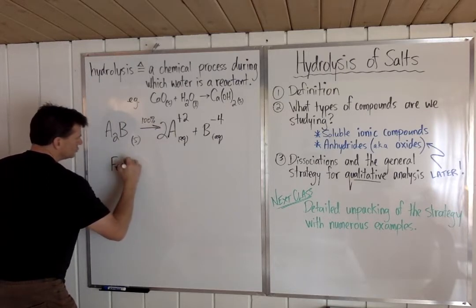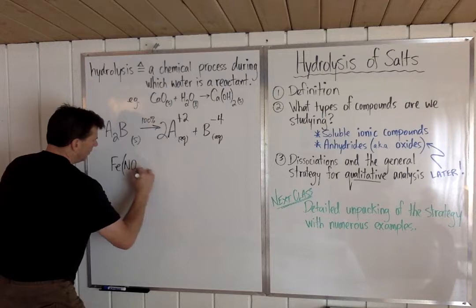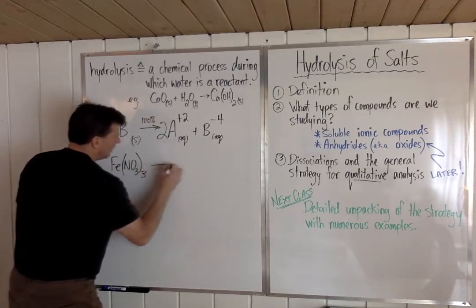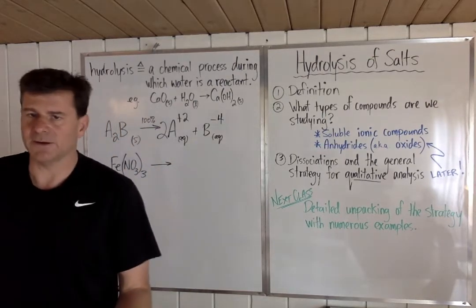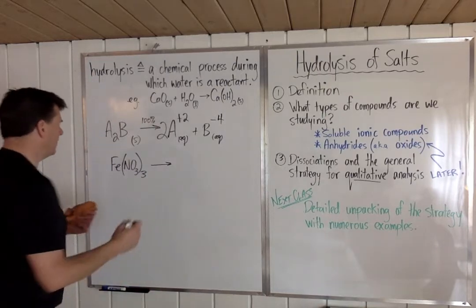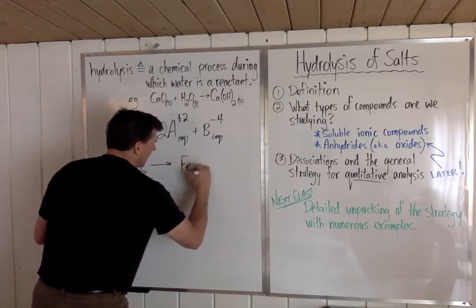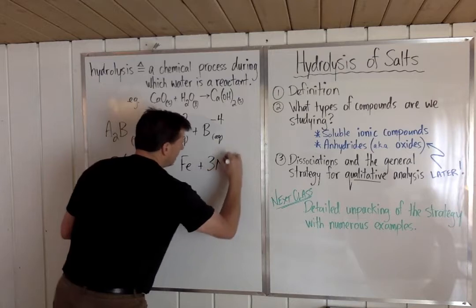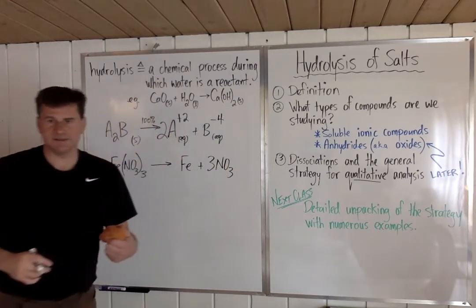So, for example, if I see a compound that is FeNO3, well, I know that I'm getting a single Fe ion, and I'm getting 3 nitrate ions.